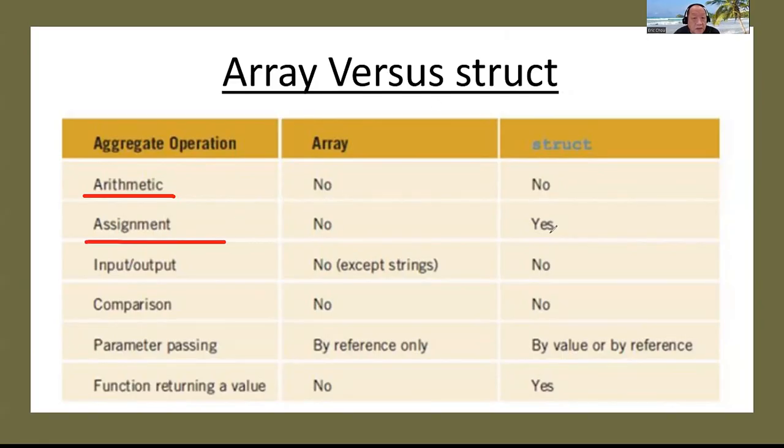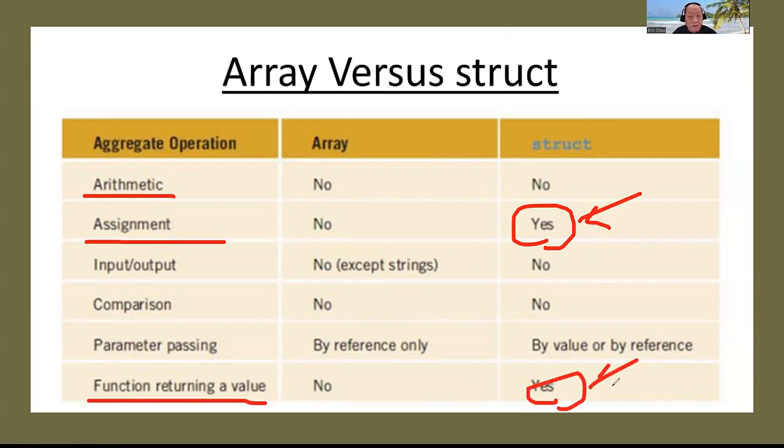There's assignment. You do have the copy constructor. And then function returning value, when you return, is also a copy constructor. Is that okay so far?